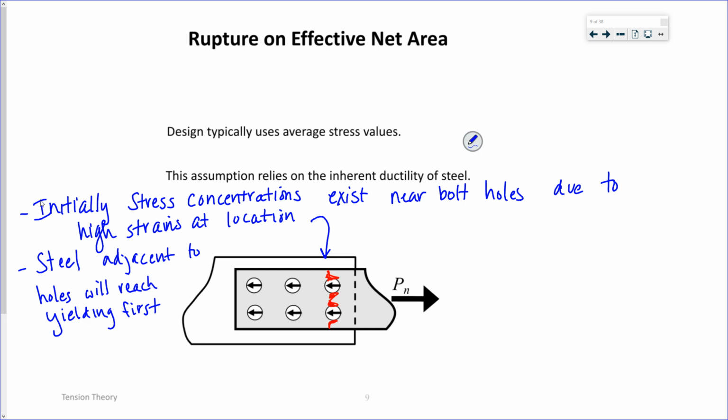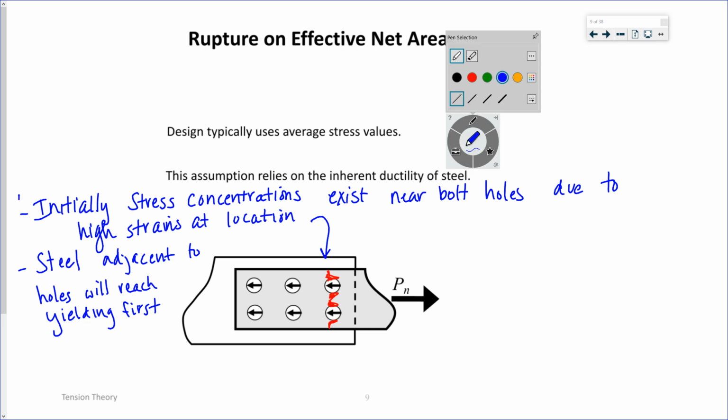Now eventually, the rest of the steel will catch up, right? It reaches yield. And then the entire cross section is in the same state.